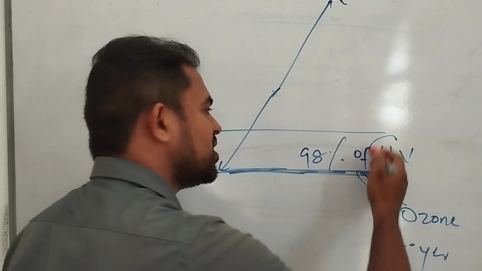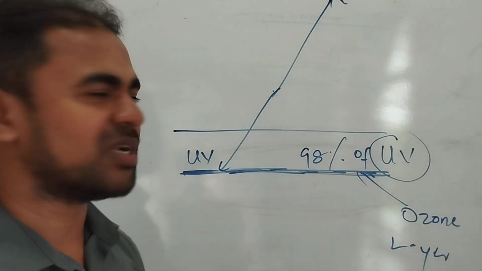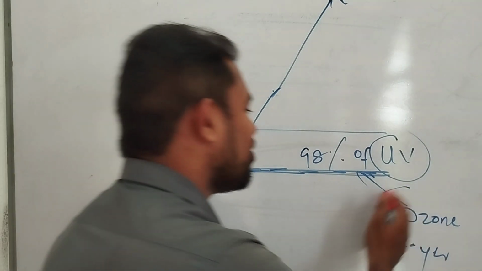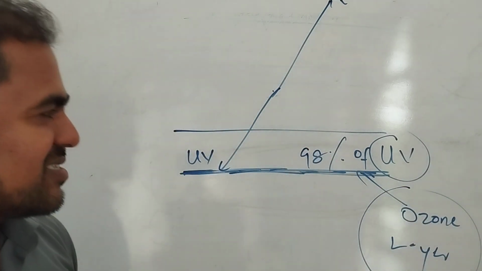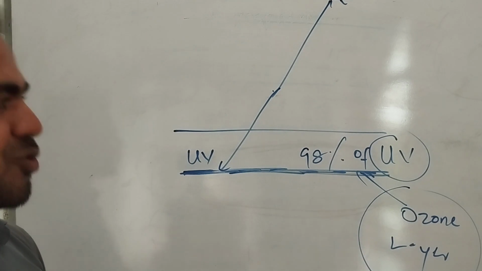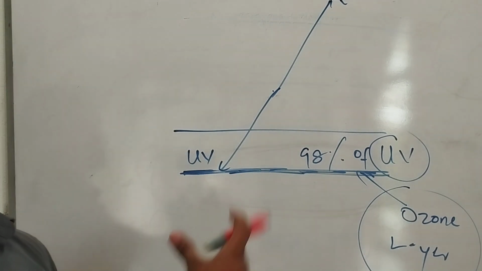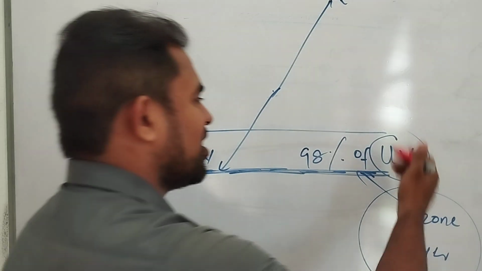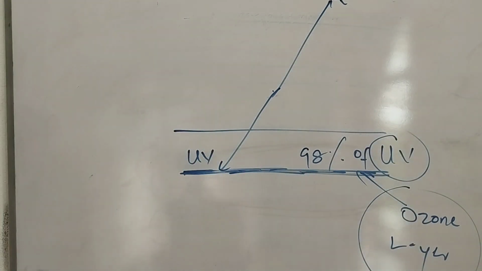UV is a harmful ray to humans. So ozone absorbs these harmful rays and helps, or protects, the humans.